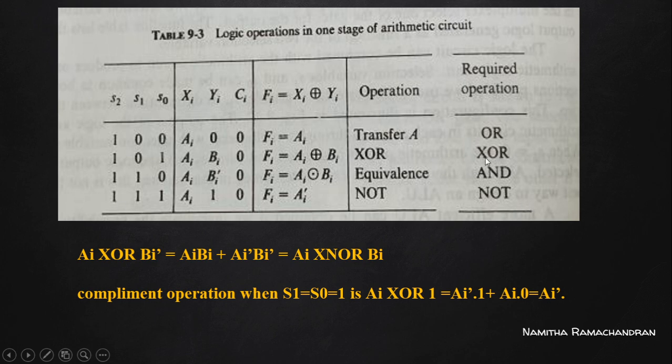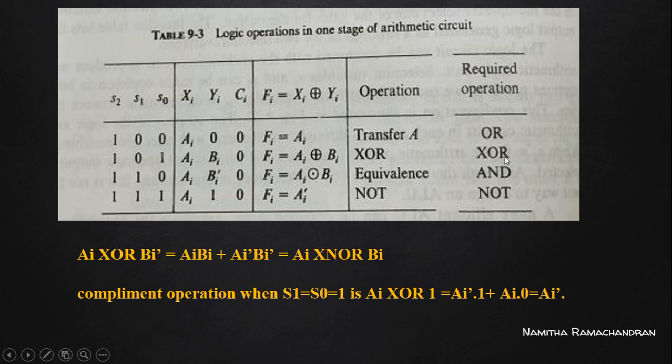Once more, the XOR operation is also possible. Consider the second case, S2 equal to 1, S1 equal to 0, S0 equal to 1. With Xi equal to Ai and Yi equal to Bi and Ci equal to 0, by substituting this input over the full adder output function, it generates the XOR operation itself.